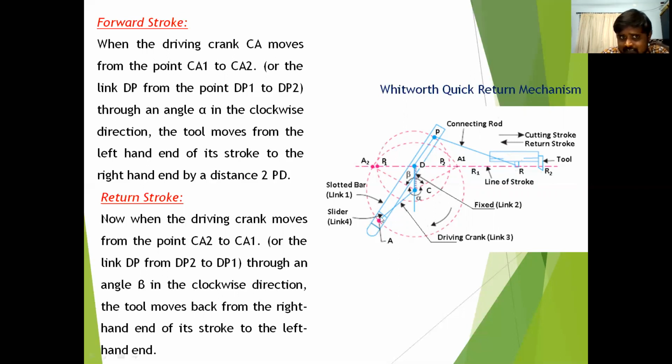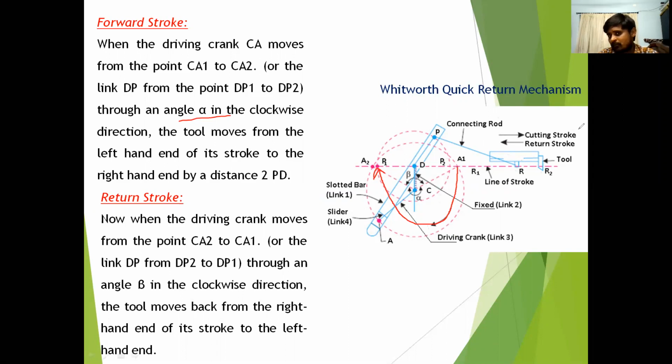When the driving crank CA moves from position CA1 to CA2, covering this angle alpha in the clockwise direction, the tool moves from the left hand end of the stroke to the right hand end, a distance d. So we will get the cutting stroke, the forward stroke.